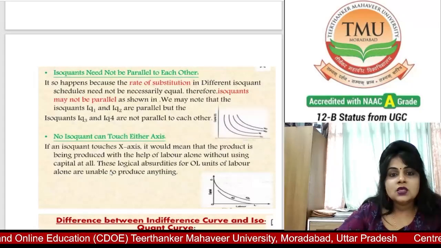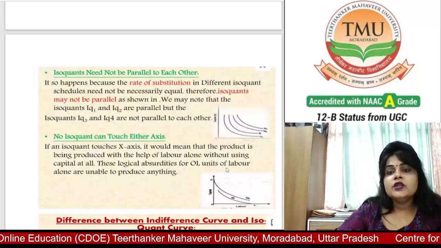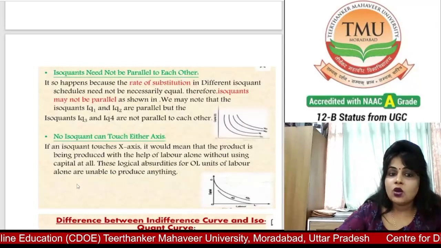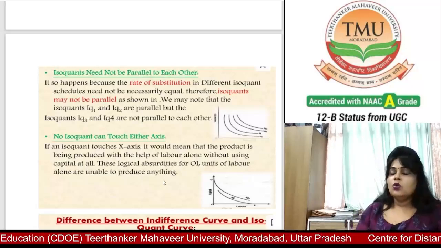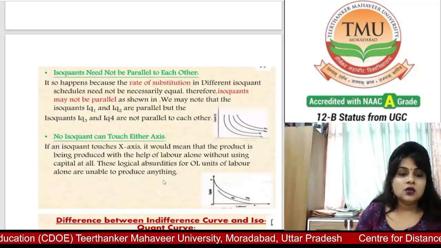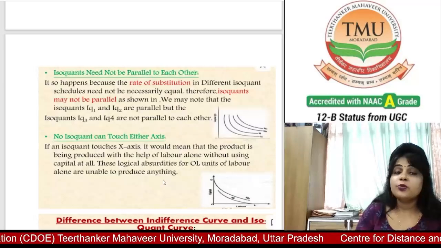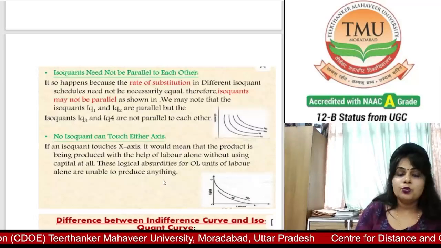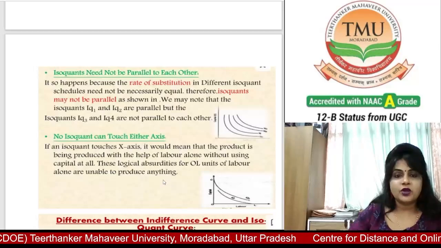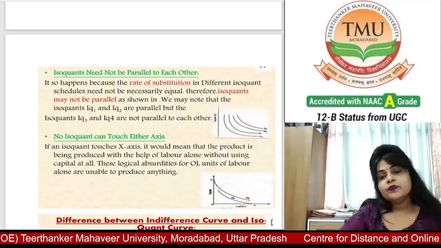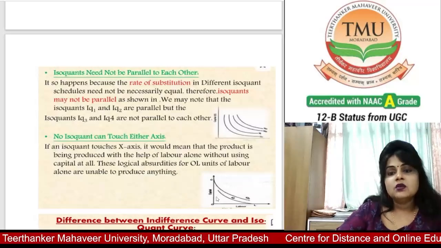And you are seeing these logical absurdities: OL units of labor alone are unable to produce anything, because only one factor is responsible for producing the given level of output without using the other factor, and it's not possible. So in any production the producer uses both factors.